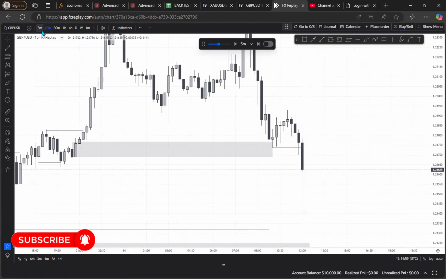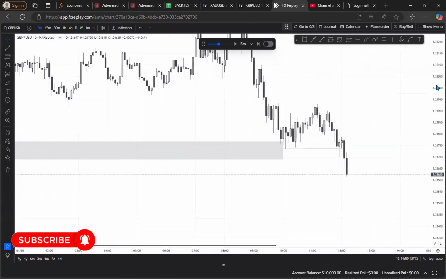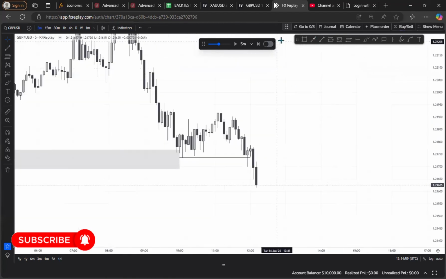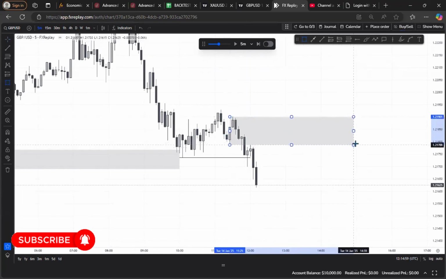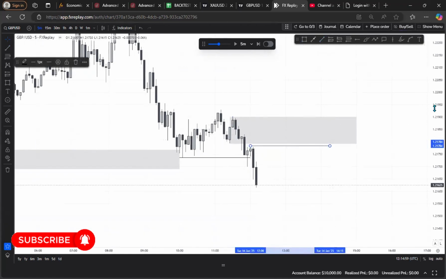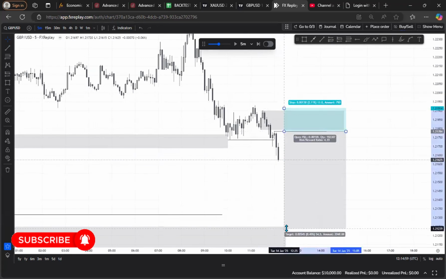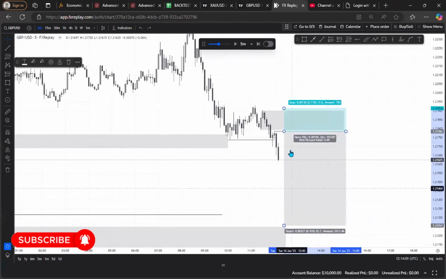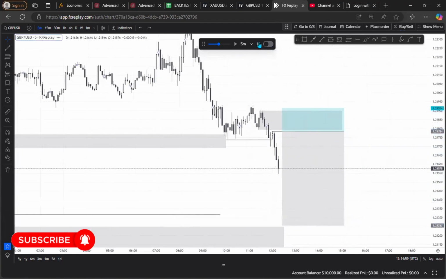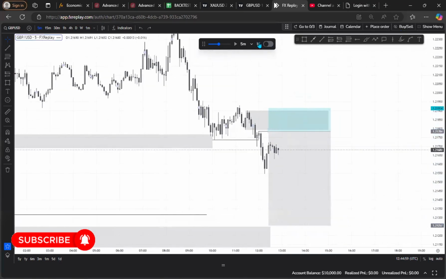So I went to 5 minutes and I picked this zone here, to sell from this zone and this area here. My initial target was for price to take out here. Now, what did price do? Let's play price forward.